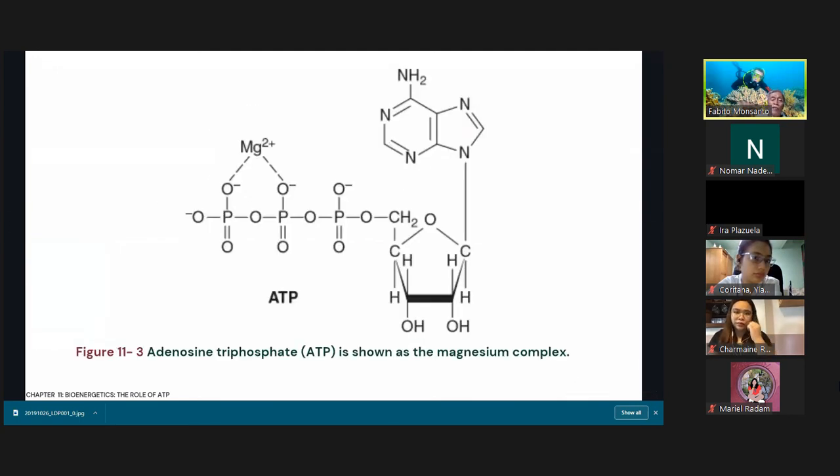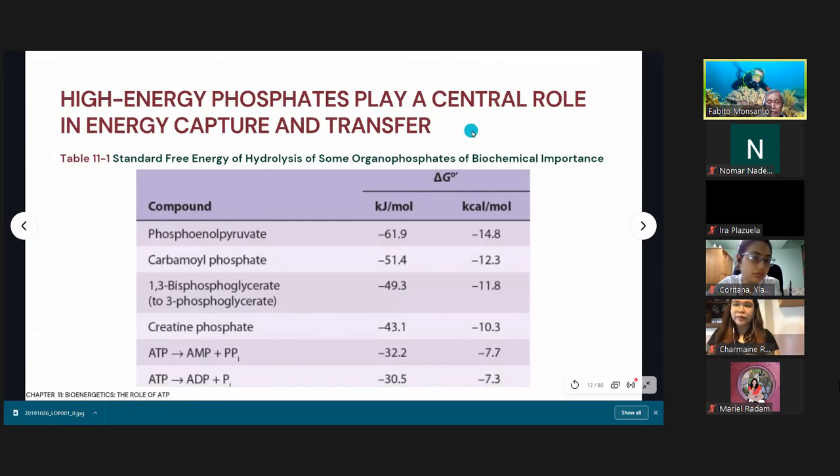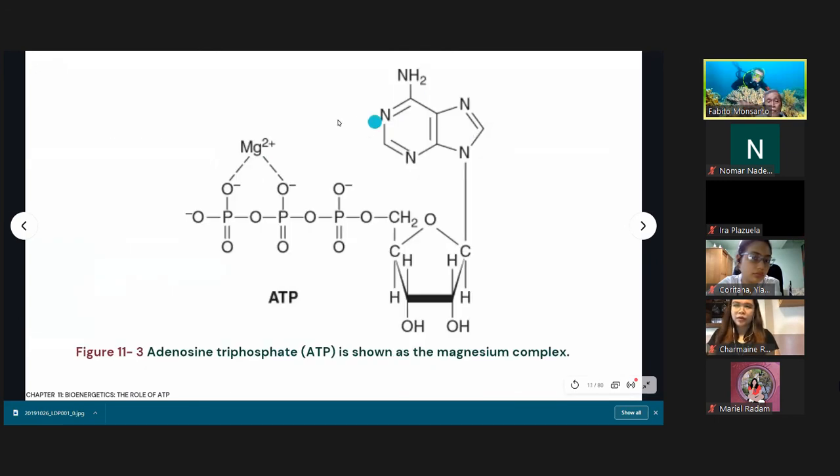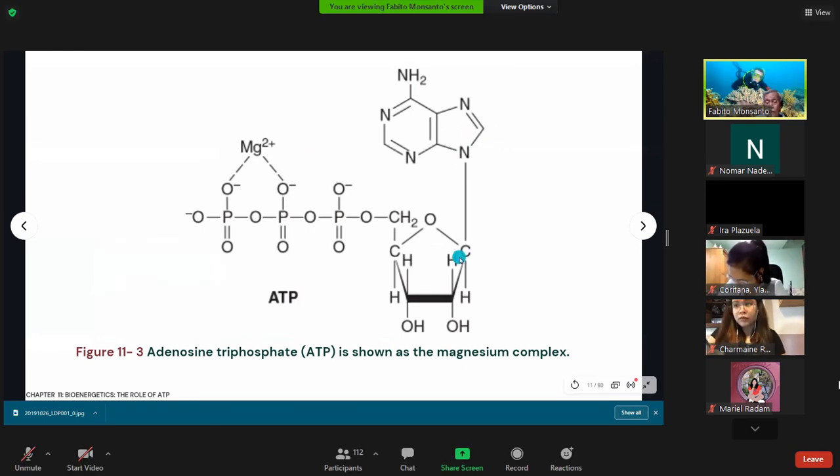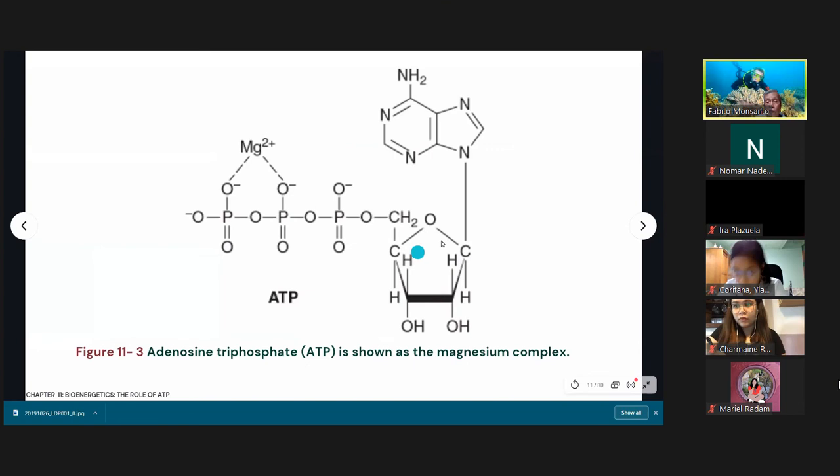What captures that energy is this compound, which you are familiar with, ATP. You have here adenine, which is a purine. You have ribose, which is a sugar. And then you have 3 phosphates.